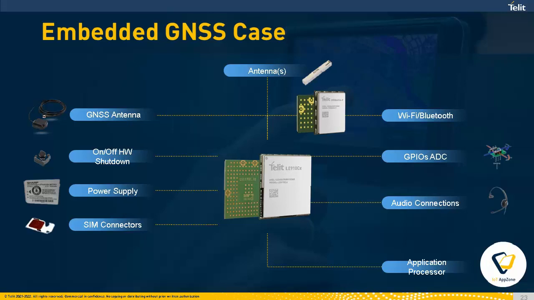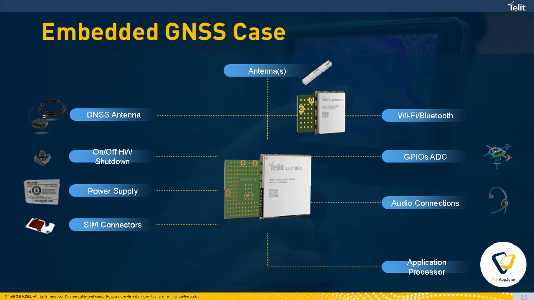Here is a very brief schematic of an application with the embedded GNSS case, where we can see an LE910C1 or CX, either one of two or four, that integrates Wi-Fi and Bluetooth, GPIOs, and all the other devices, but where we can add a GNSS just by adding a GNSS antenna. It is possible to achieve GNSS and location capabilities directly on the cellular device.